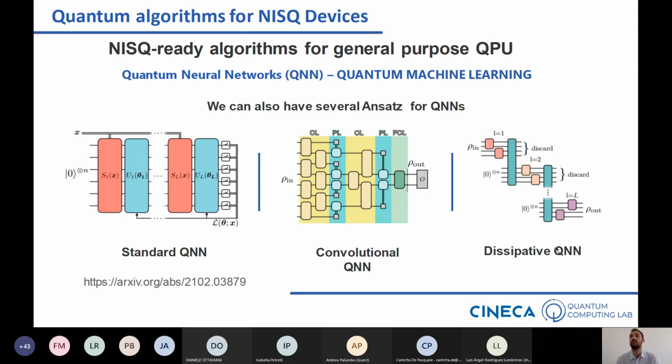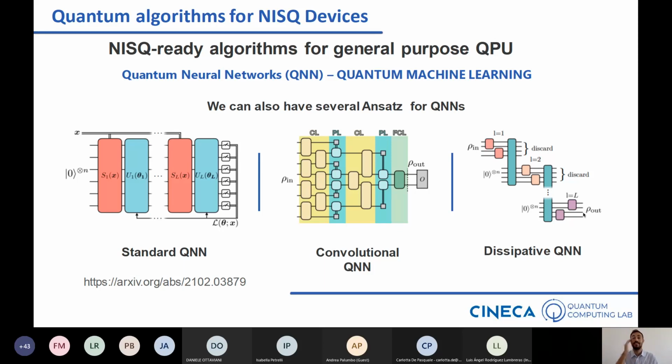Or you can also have a dissipative quantum neural network. That is something completely different from what you have classically, where you perform operations on several qubits, but after some steps you discard some of them, and at the end you look only at the output on the last register.